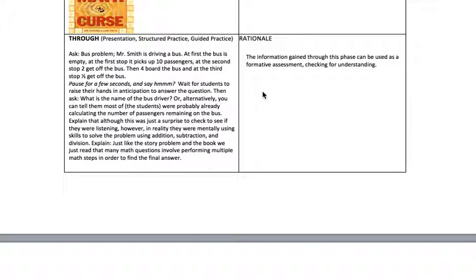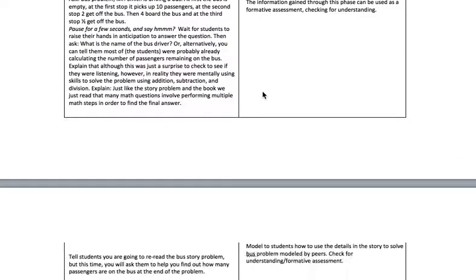I'm going to explain that just like the story problem in the book we just read, many math questions involve performing multiple math steps in order to find the final answer. The information gained through this phase can be used as a formative assessment in checking for understanding.